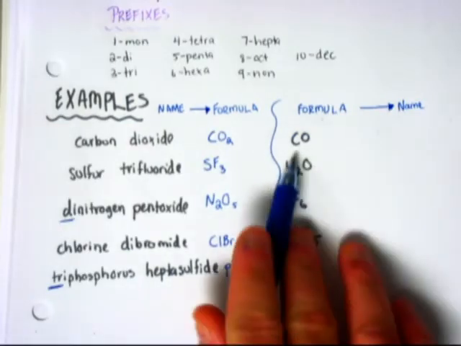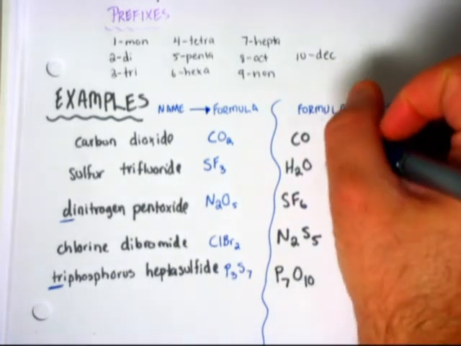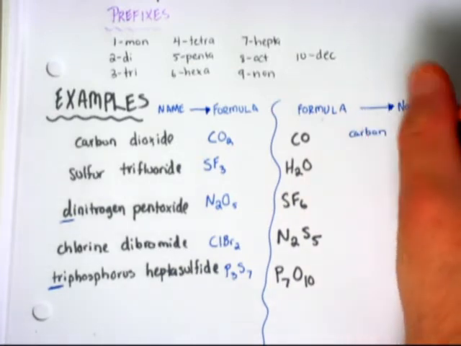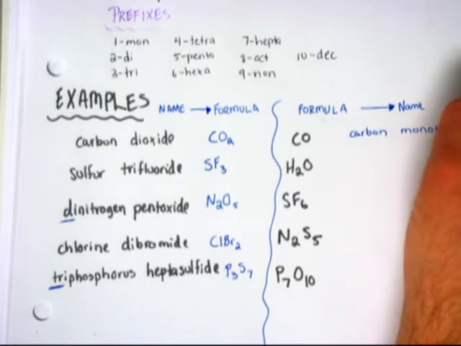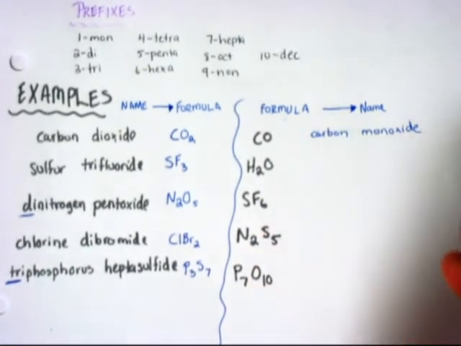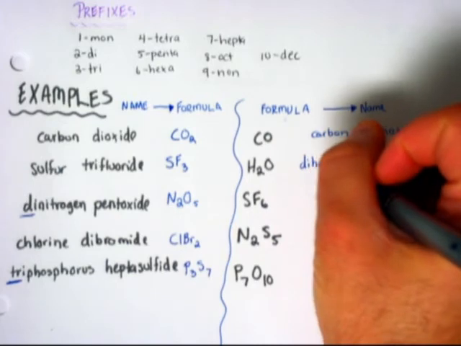For the first one, it's CO, right? How many carbons does it have? Just 1, so we should just name it carbon. And how many oxygens are there? So that would be monoxide, because you want to put that 1 prefix on the second one, never on the first one though. How about H2O? How many hydrogens do we see? So that would be how many hydrogens? Dihydrogen.